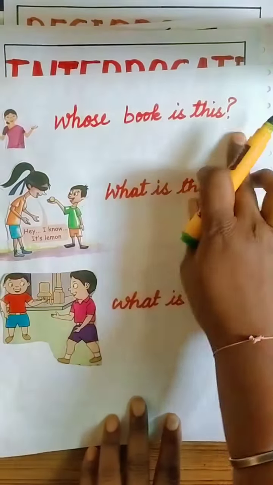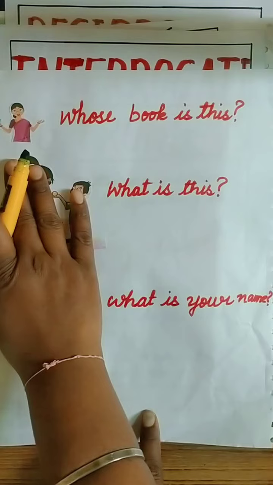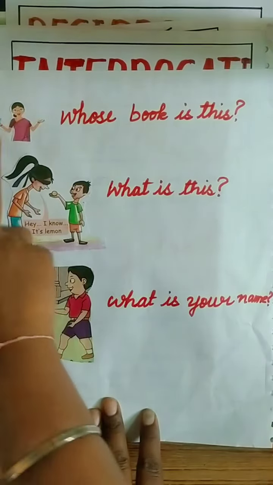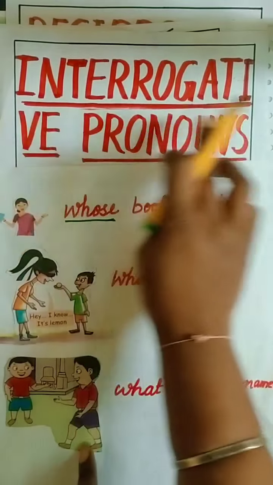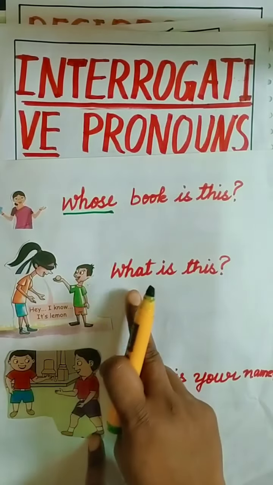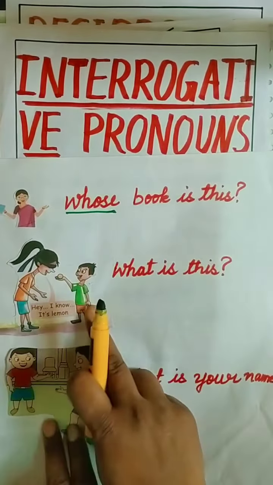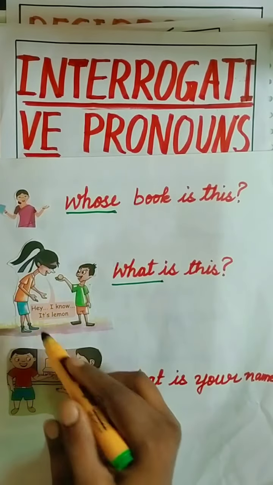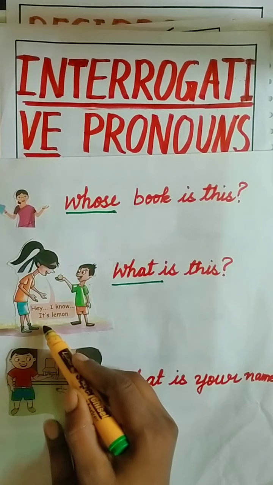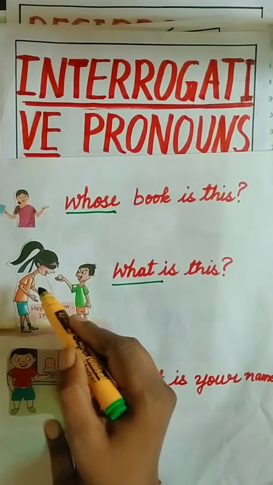Whose book is this? The teacher is asking the students, whose book is this? So whose is an interrogative pronoun. And what is this? The boy asked the girl, what is this? Then she says, hey, I know, it's lemon. How did she come to know?